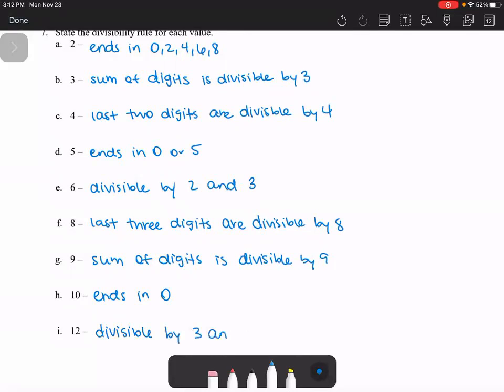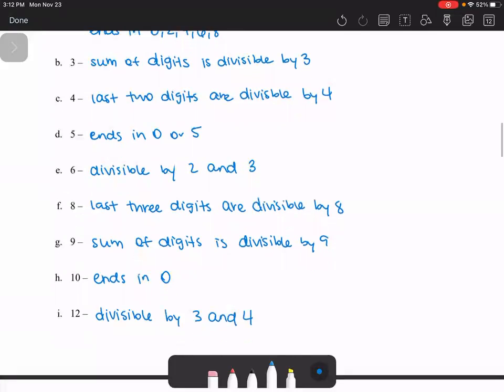The divisibility rule for 12 was a very commonly missed question on the second exam. It's divisible by 3 and 4. I'll just explain briefly. A lot of people put the incorrect answer, that it's divisible by 2 and 6.